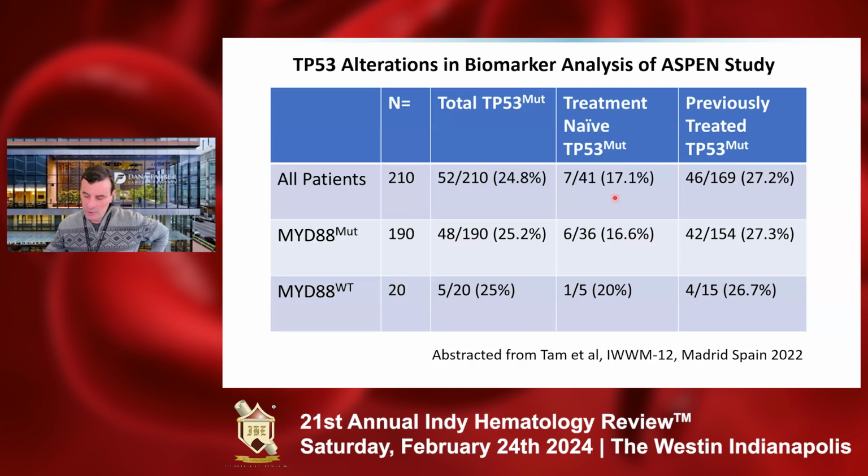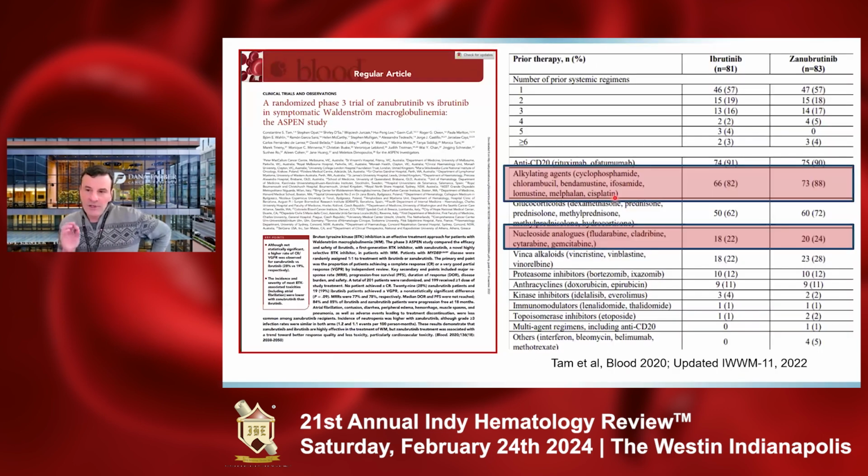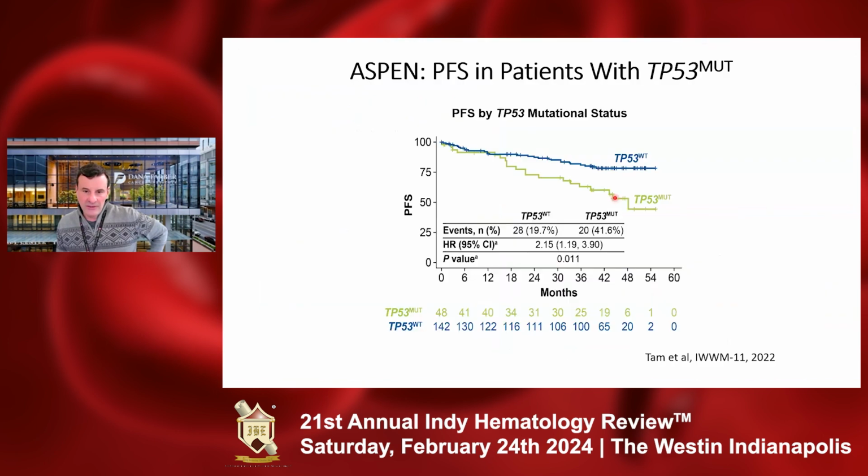And I think this is a very important distinction, because when you look at this trial, what you come away with is understanding that most of those patients that were treated received an alkylator drug like bendamustine or a nucleoside analog drug like fludarabine. So potentially these were the reasons why the TP53 rate was much higher in previously treated patients. Again, this needs to be shown, but these studies do raise this concern.